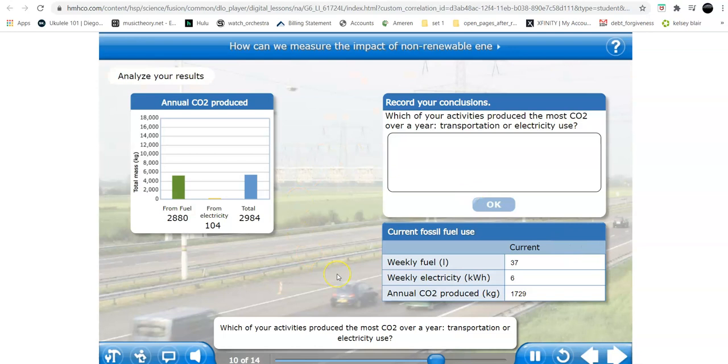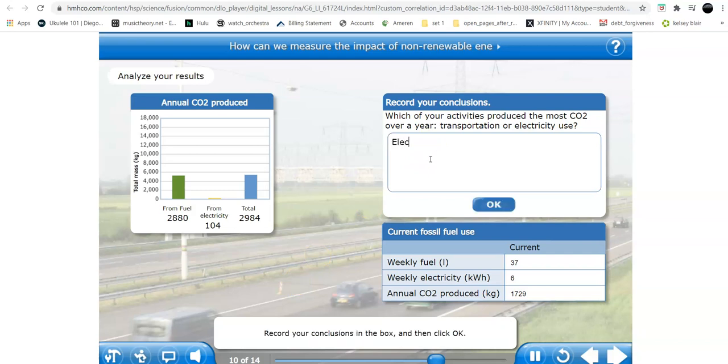Overall message. Which of your activities produce the most CO2 over a year? Transportation or electricity use? Record your conclusions in the box and then click OK. Actually, was it electricity use?